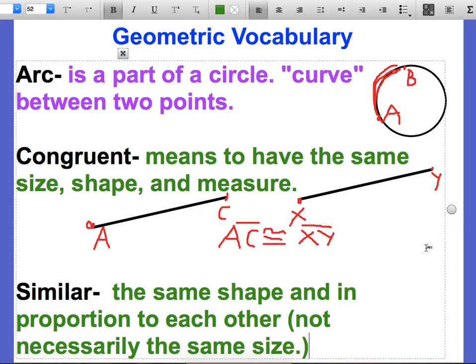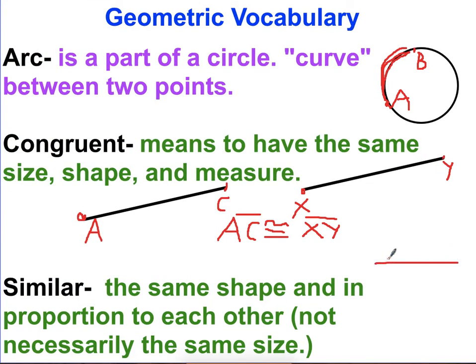Okay, so if I'm able to draw a line segment, and we'll call this BC. And then if we draw a line segment that's exactly half that size, so let's say this is AD, we could say that these two things are similar.